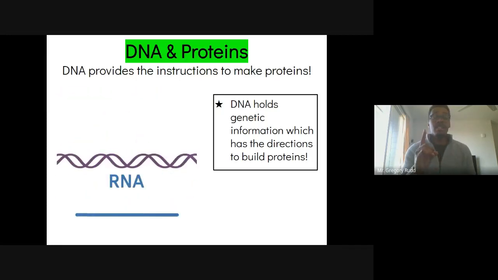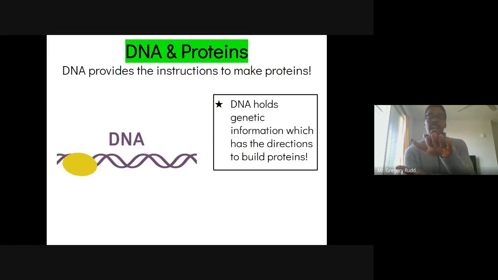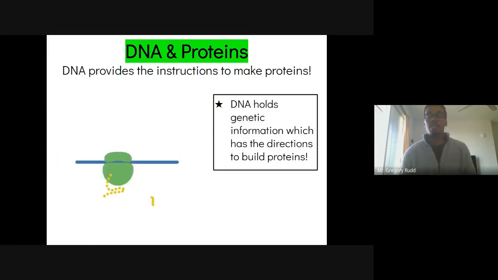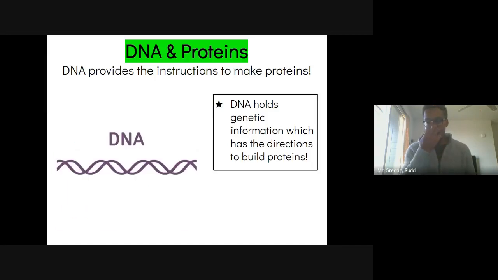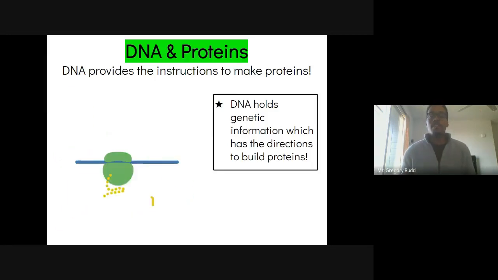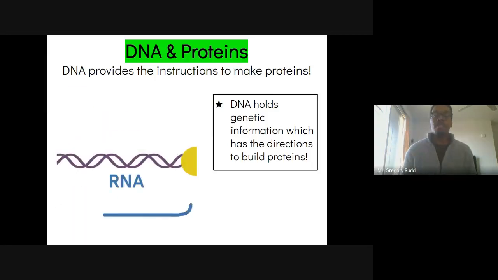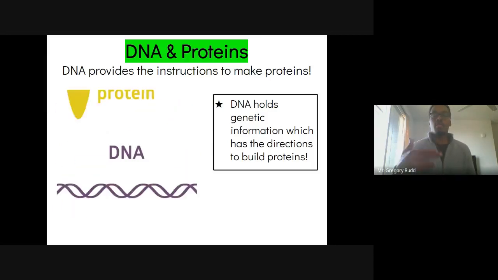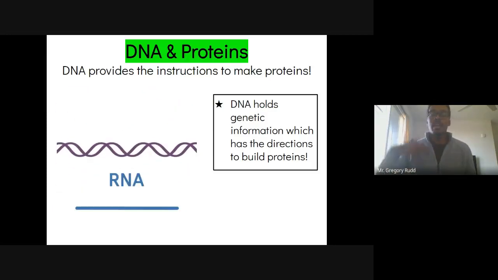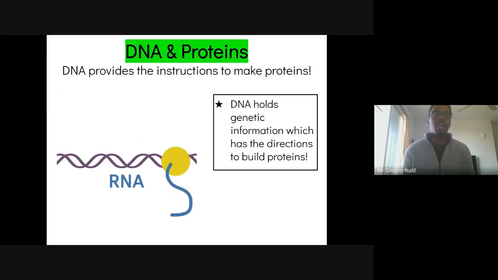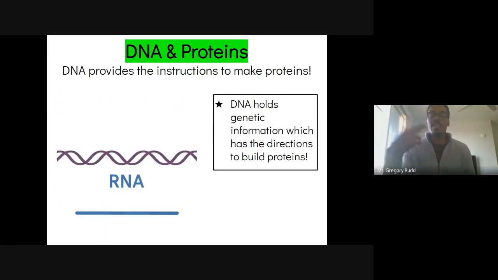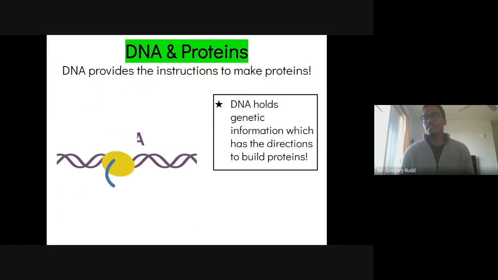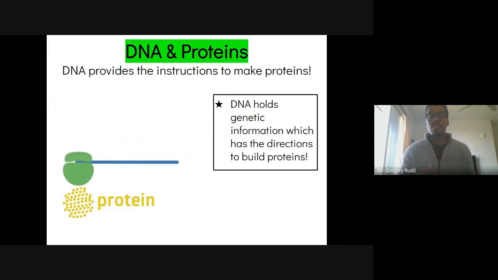Now keep in mind, if DNA has 30,000 different recipes in it, obviously you're not making all 30,000 in a day. Again, you might just make 2 or 3. In fact, maybe your job is only to make 2 or 3. You make those same 2 or 3 every day. That's what you wake up to do. That's what you go to sleep thinking about, making those same 2 or 3 dishes. And that's what most cells do.